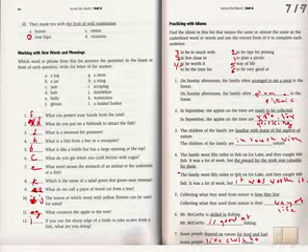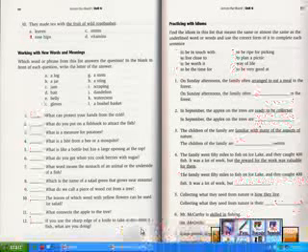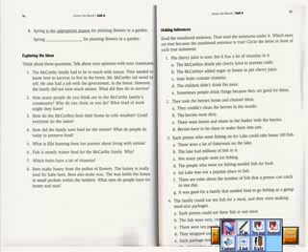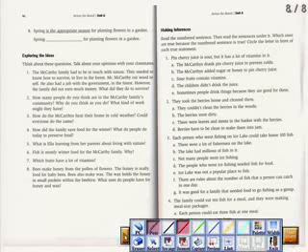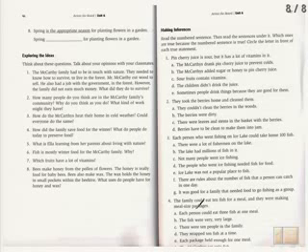Then we go to page 96. Number 8. Spring is the appropriate season for planting flowers in the garden.